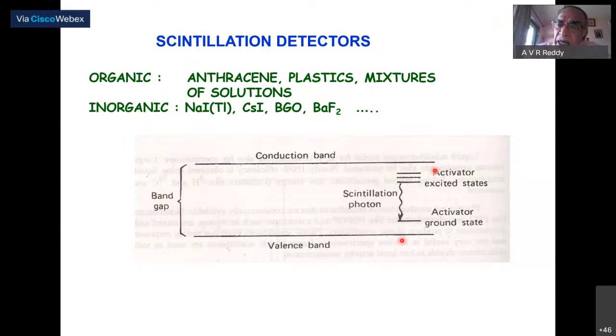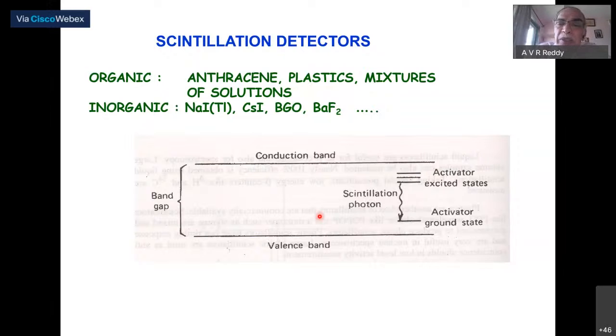It can as well ionize here, exciting the electron from here to here. This may, in its path, go here and ionize the ground state activator ion, and that creates an excited state of the activator, which reaches here. And when it is de-exciting, that also can emit a photon that corresponds to the visible region.